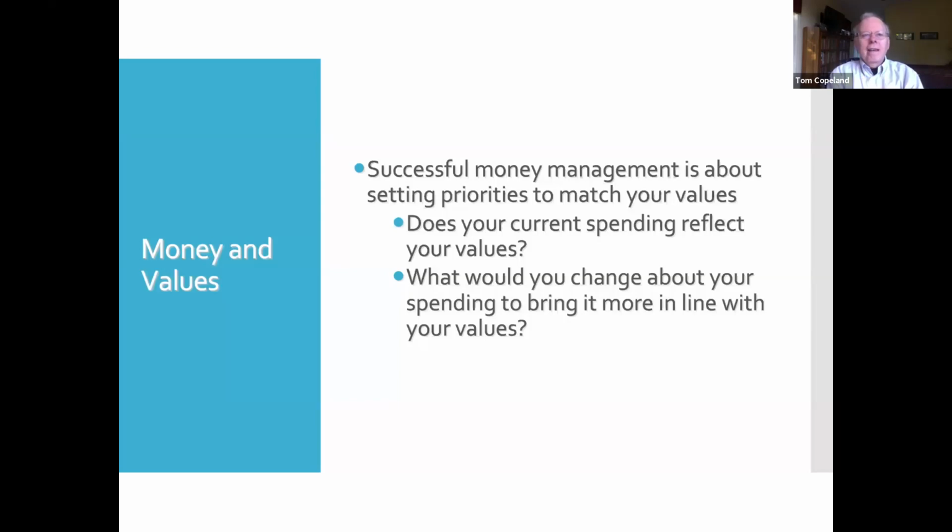And if you're not saving, that means you're saying that savings are not important to you. And that really means that a lot of people aren't matching their spending with their values. So I'm here to encourage you to think about what's important. What are your financial goals? What do you want to achieve financially? And are you on a path to get there?